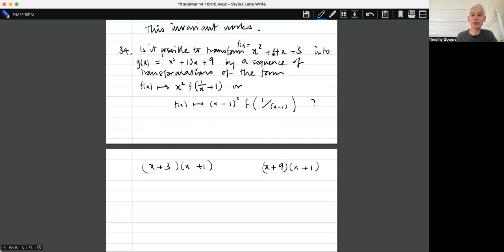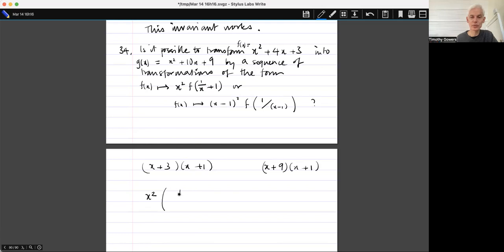So now I think I'm going to have to take the plunge and actually work out what happens when I apply this transformation, see what the rational function looks like. Otherwise I've made a guess based on the roots. That didn't seem to work. And at the moment I'm really struggling to see what kind of invariant I could possibly have.